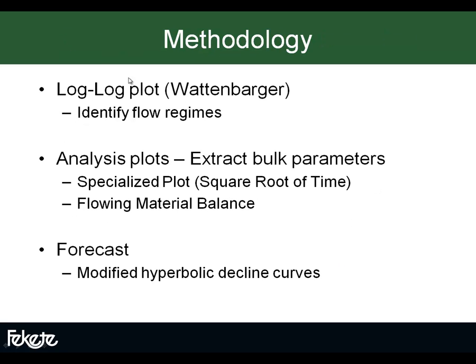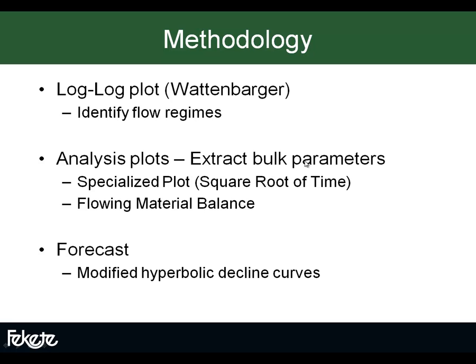We're going to start out by looking at a log-log plot. And Wattenberger and his colleagues really spent a lot of time developing methodologies for doing this. And this is going to help us see the flow regimes. Arguably the most important step in the analysis is understanding the flow regimes that we're observing from the well performance data. Once we understand that, we can use the analysis plots to extract what we call bulk parameters.